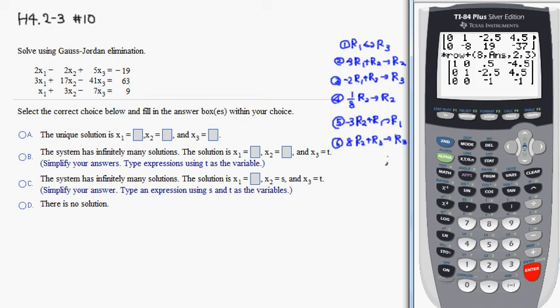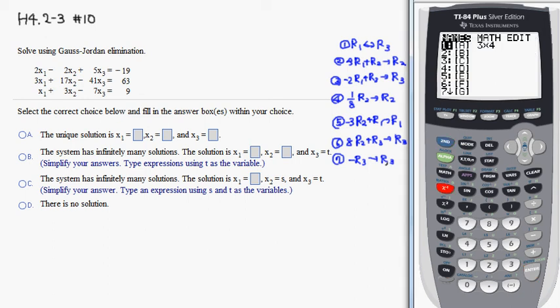All right, now you can see that for the bottom one, we have to turn that into +1 right here. We can easily do that with the 7th operation: multiply row 3 by -1, and that's going to be a new row 3. So we go to matrix, and we're going to do math.